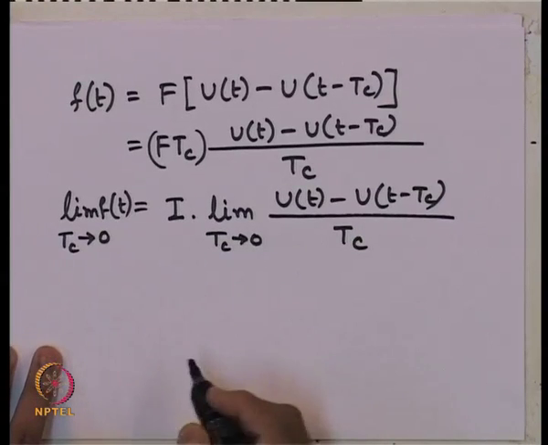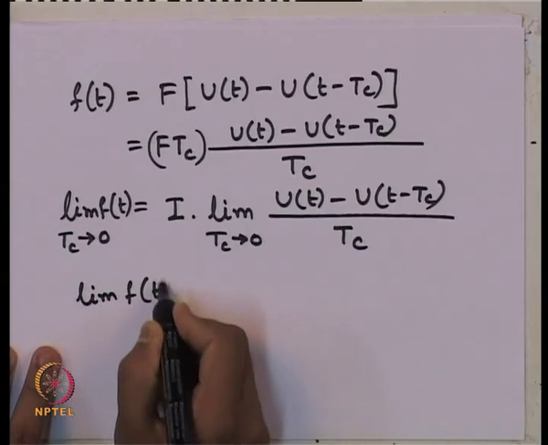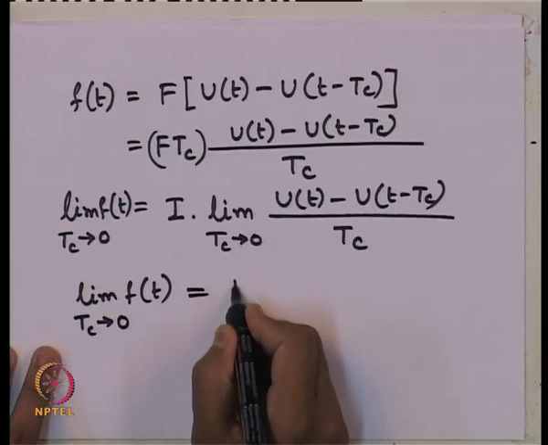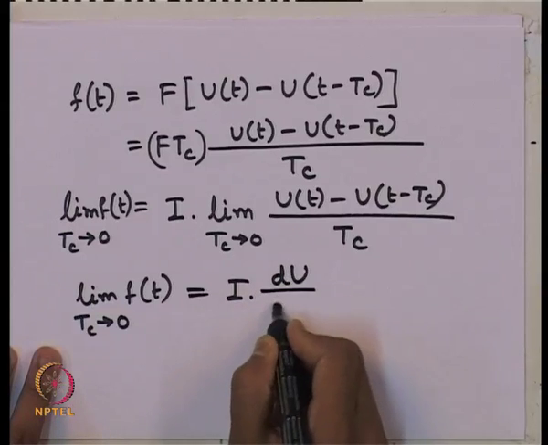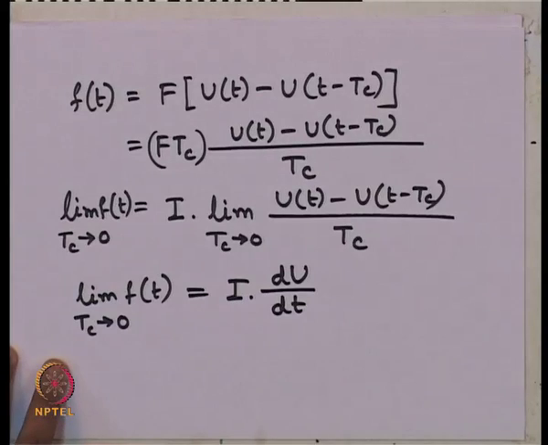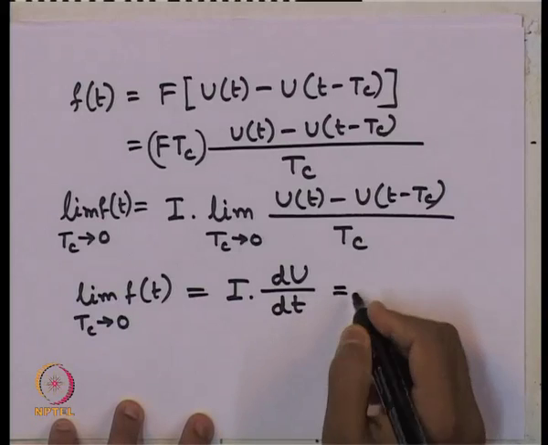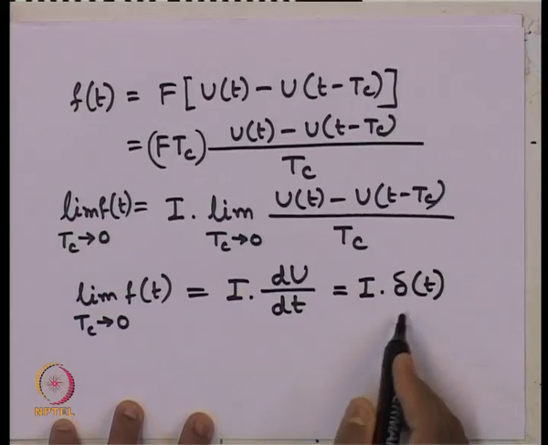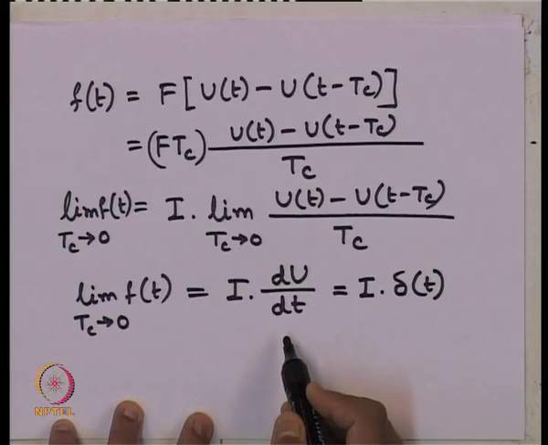What is that? So, limit T c tends to 0, we have I times du by dt. This differential is expressed as I times delta t. Delta t is nothing but the first differential with respect to t of the Heaviside step function.